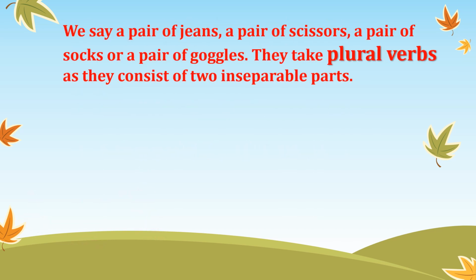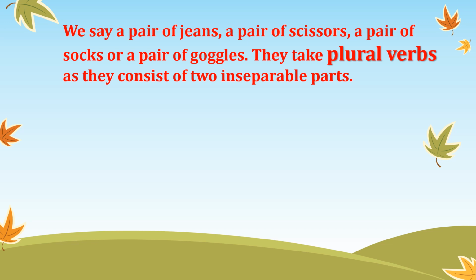We say a pair of jeans, a pair of scissors, a pair of socks, or a pair of goggles. Have you ever wondered why? Because we have to wear them or use them as a pair. Have you ever worn socks only on one foot? Or have you ever worn jeans only on one leg?